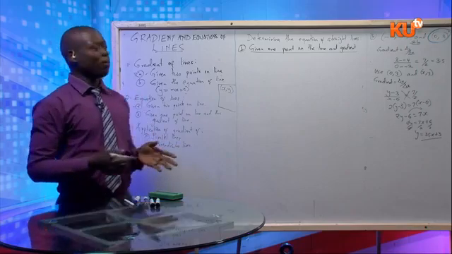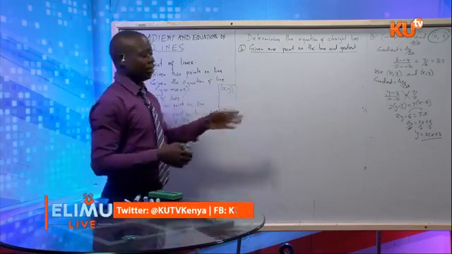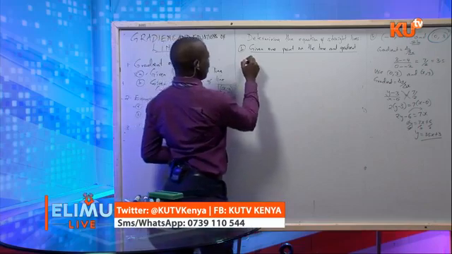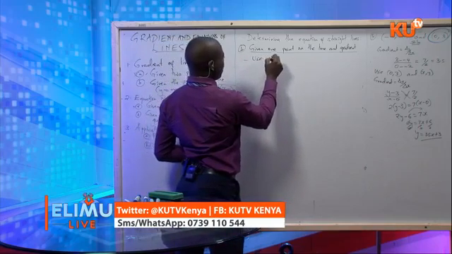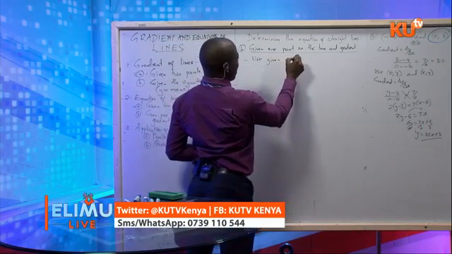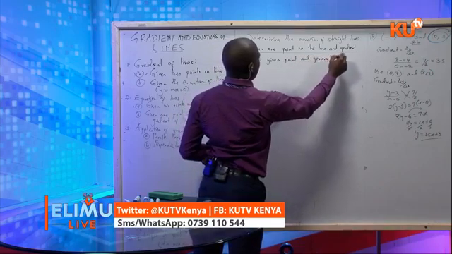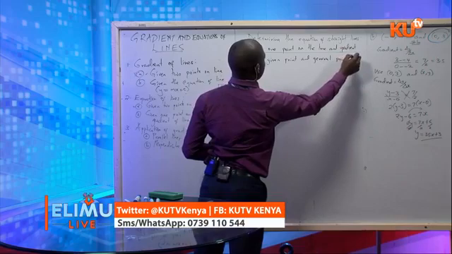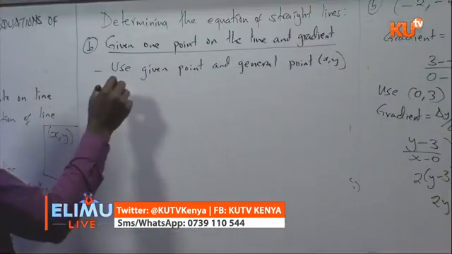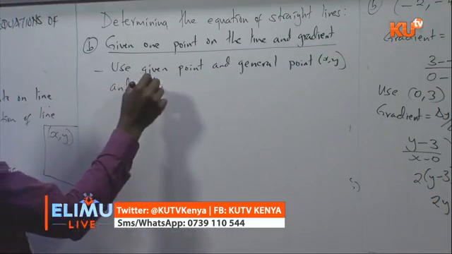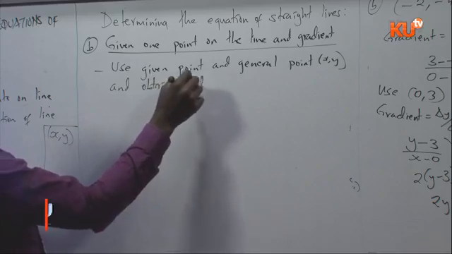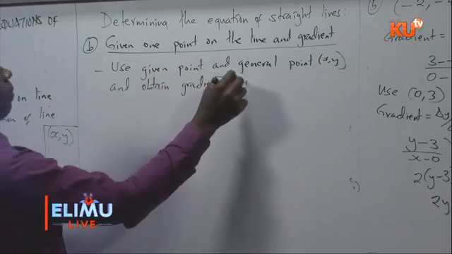So work out from the given point. You simply use the given point and the general point xy, and obtain the gradient expression.